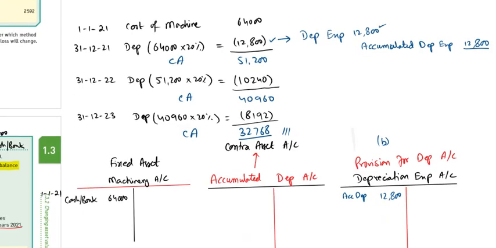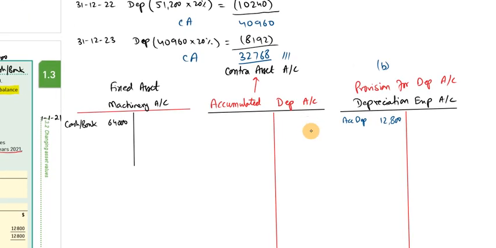The reference is, we are making these two accounts for the purpose of clarification of an asset's behavior, how an asset is behaving like depreciation year to year. Just give me a moment. When I complete all the accounts, then I will tell you the reason for making this accumulated depreciation account.